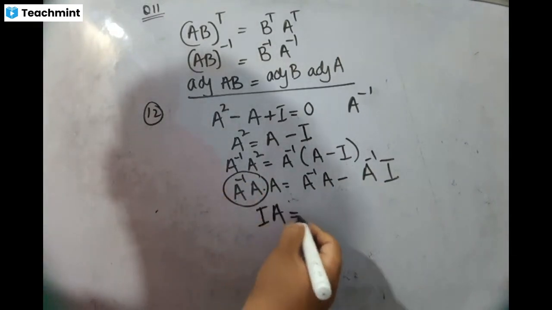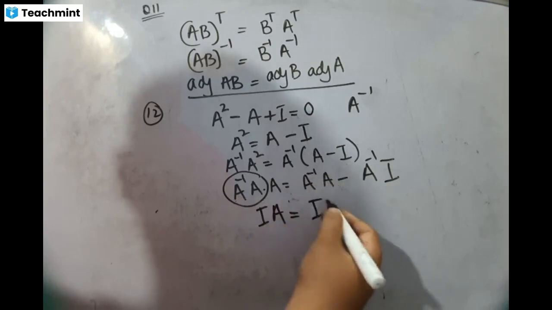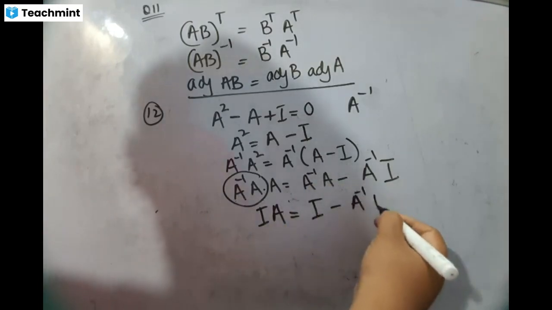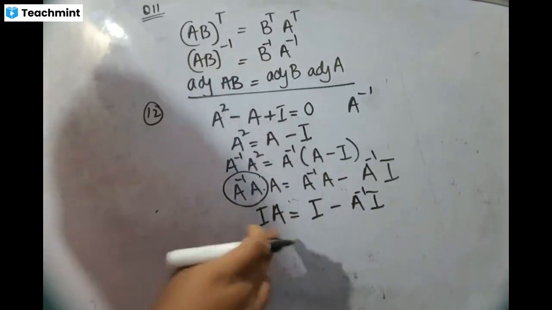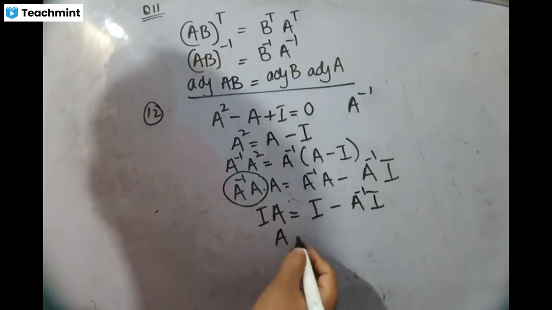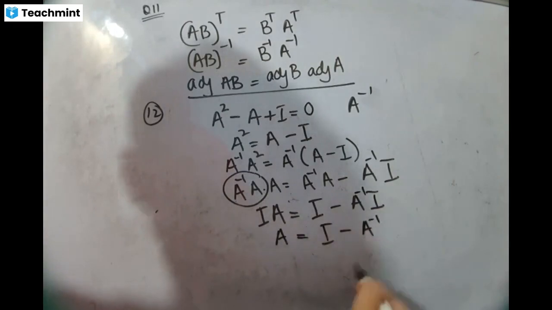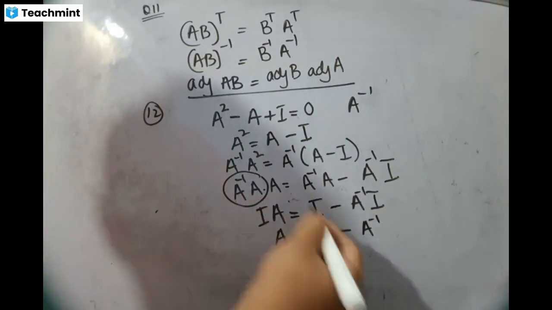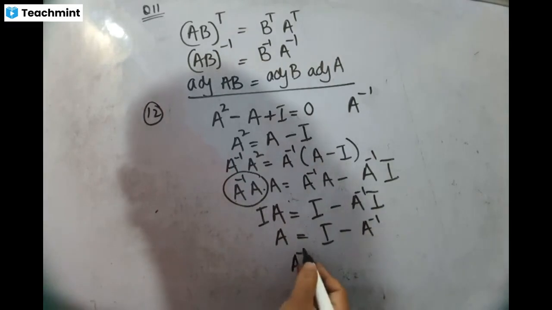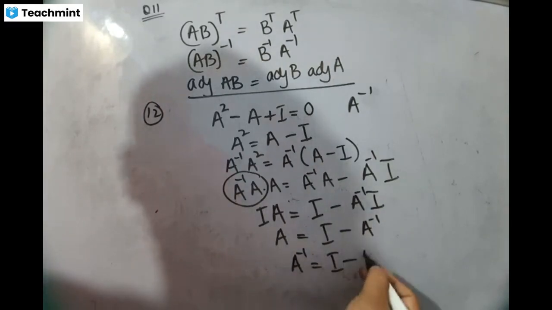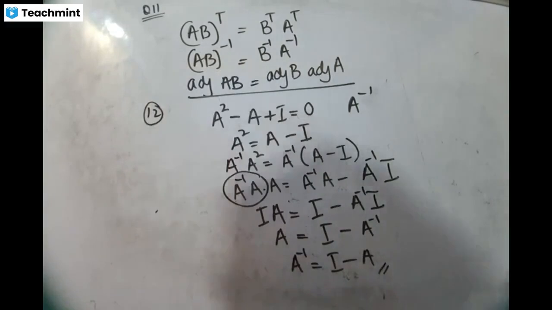So IA, again A inverse into A is your identity, minus A inverse into I. Next property, any matrix into its identity will give you the matrix itself, A inverse. So bring A inverse this side. You get A inverse equal to capital I minus A. So the inverse from this particular equation is capital I minus A.